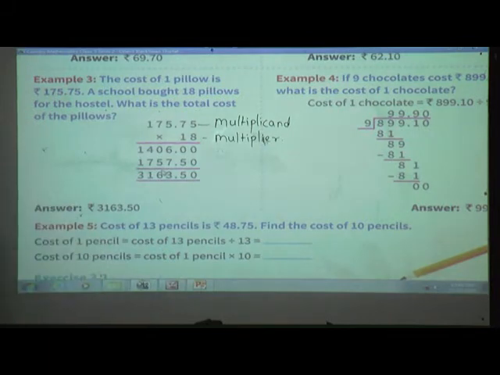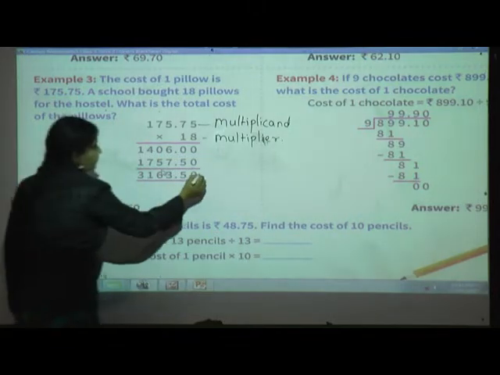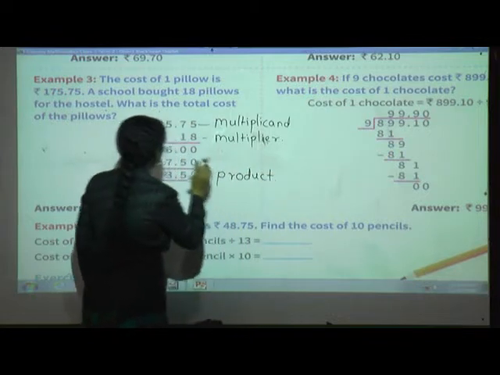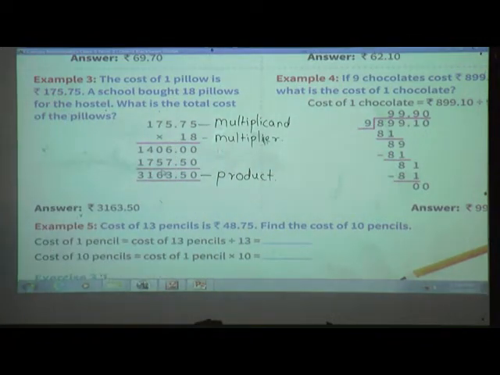Now students, the number of decimal places in the product. Here is the product. So how to decide where to give the decimal point, we'll see now.